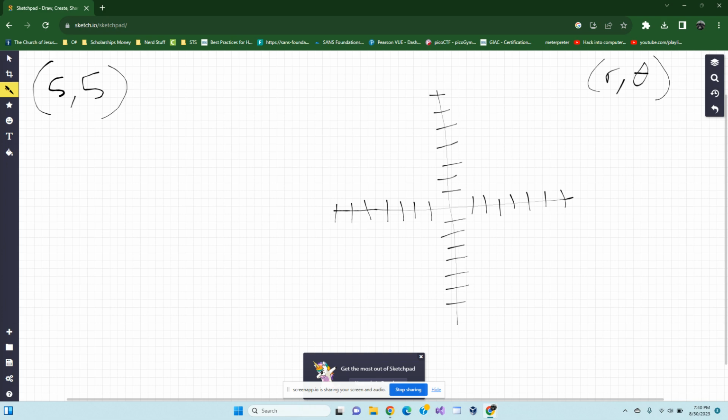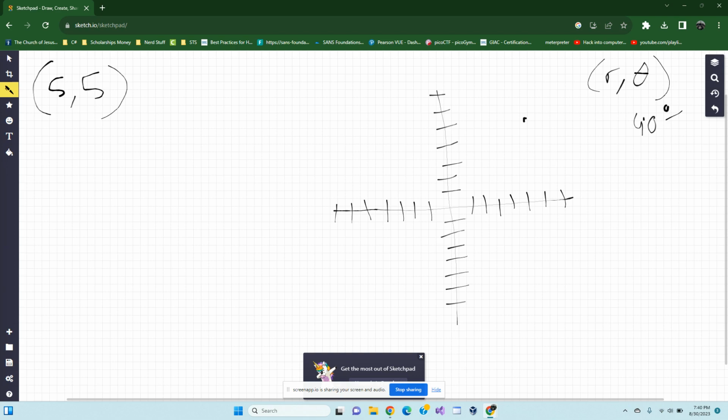And so an easy way to tell is if they give you an angle, like 90 degrees, it will have that little angle sign there. So this is Cartesian. So how would we plot it? We would go 5 across, 1, 2, 3, 4, 5, and 5 up. 1, 2, 3, 4, 5. That's our point.